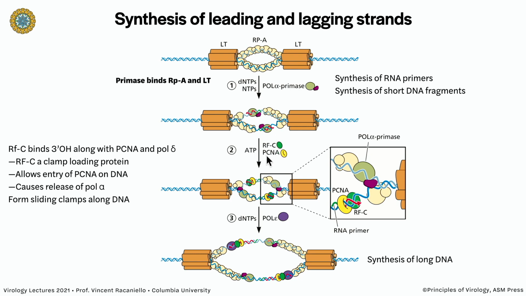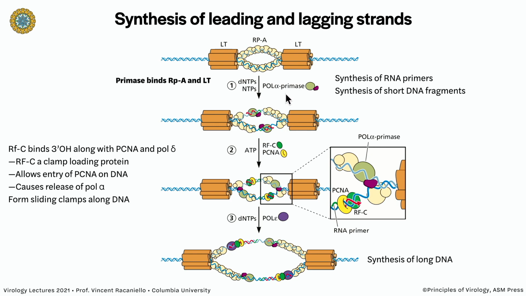And then some other cellular proteins come in, RFC and PCNA, which form kind of a sliding clamp on the single strand. And then that recruits a second polymerase called polymerase epsilon, which is going to make long DNA. So now you have your discontinuous replication. The leading strand is continuous, and then you have discontinuous on the other strand.